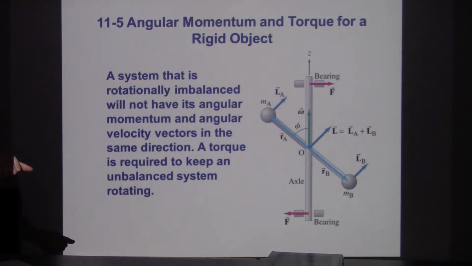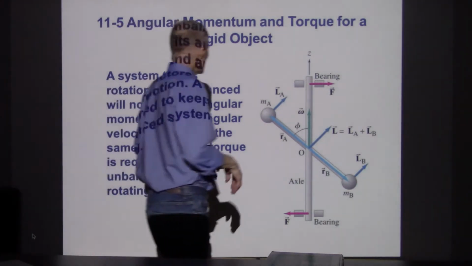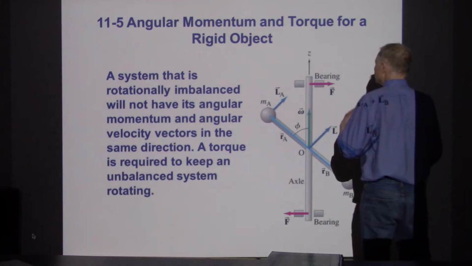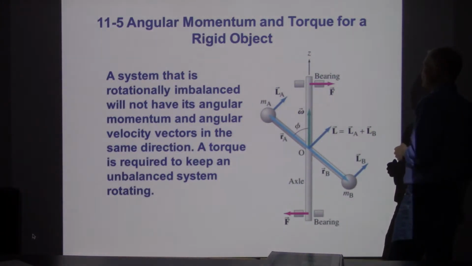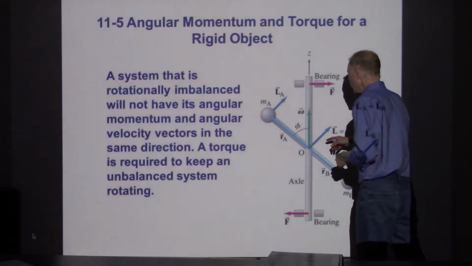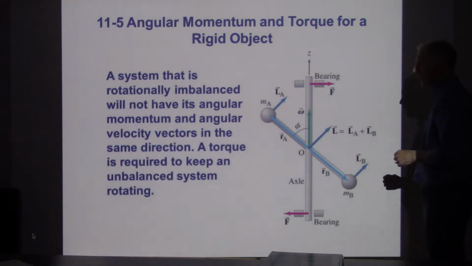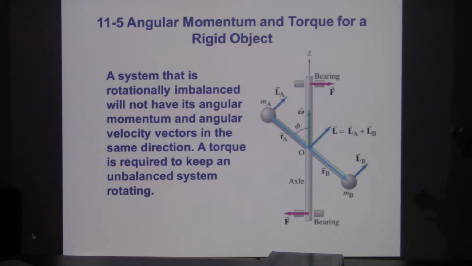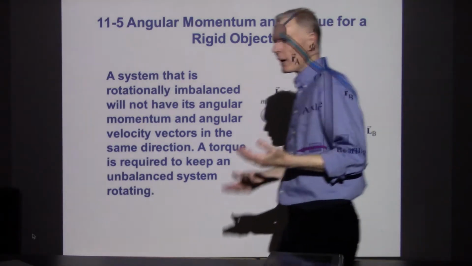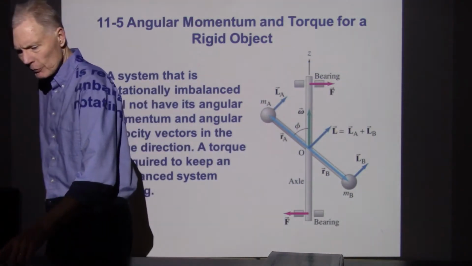rotating along the axle. So, if I'm having my tires or my wheels balanced on my car, what we're trying to do is get the tires and the wheels such that there's a symmetry around their axis of rotation, so that when we rotate this, it's not going to wear out the bearings on the car.